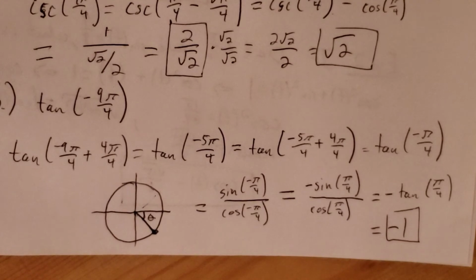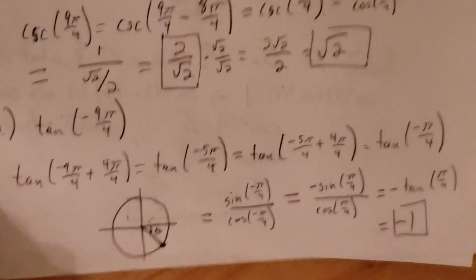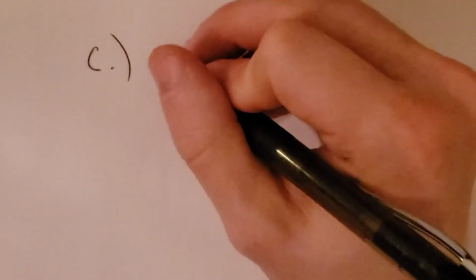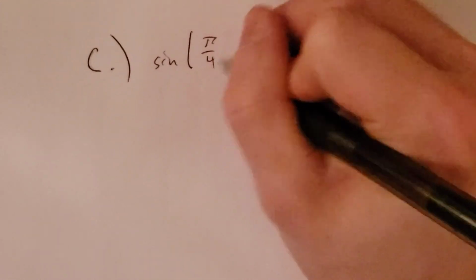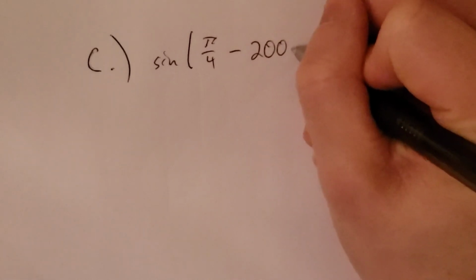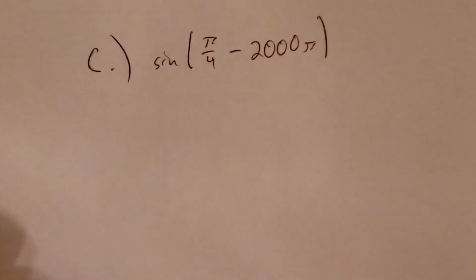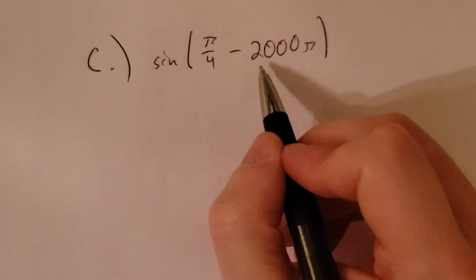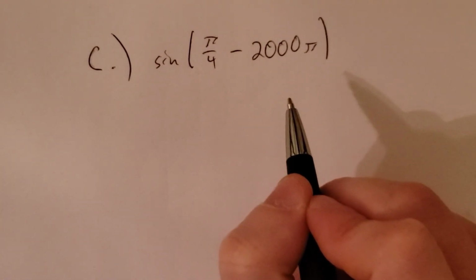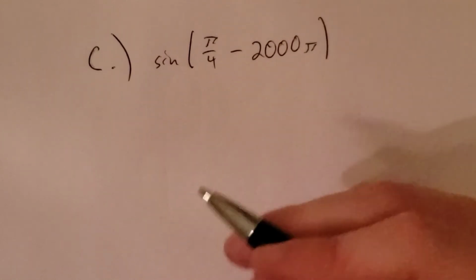Okay, I'm going to do one more example, part C of this. Find the exact value of sine of pi over 4 minus 2,000 pi. That seems crazy, except that when we add or subtract any multiple of 2 pi, we get back the same output value.